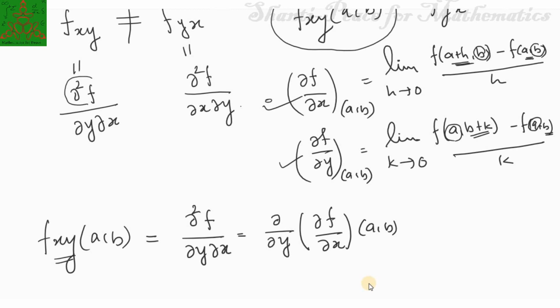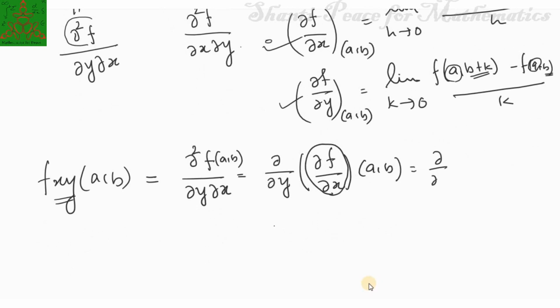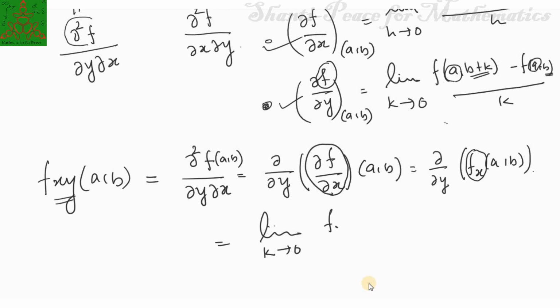First we are differentiating with respect to x, and then with respect to y. This we can write as del by del y of f_x at (a,b). By definition, here the function is f_x, so it is the limit as k tends to 0 of f_x at (a, b+k) minus f_x at (a,b) upon k.